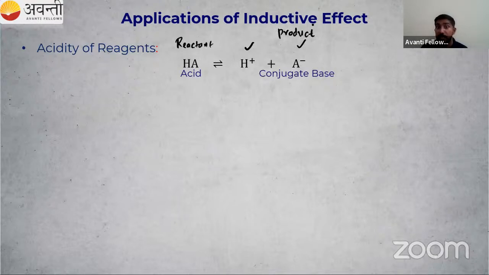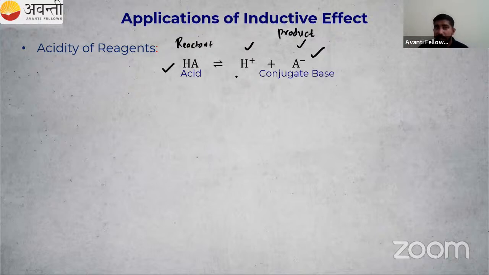The reactant says, let me undergo the reaction, then I will form the product, which is more stable. In life also, we want to attain stability. So from reactant to product, if our A minus is more stable, then our acid HA will dissociate to form H plus and A minus. So you have to check whether our acid is very strong, or whether the acidic strength is more.